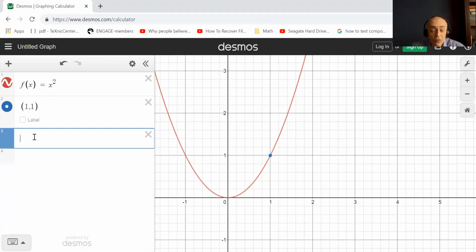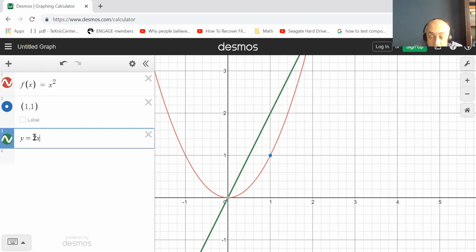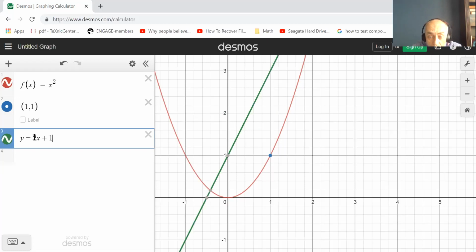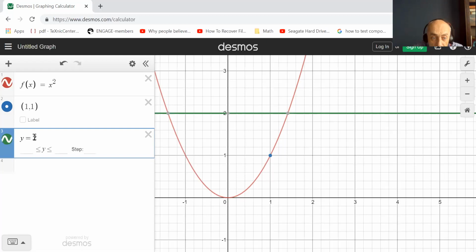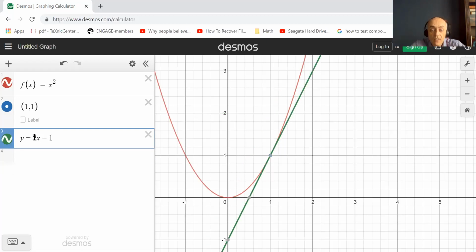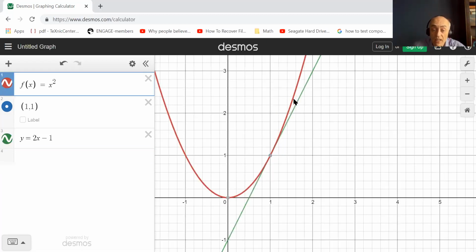We said that the line y equals 2x, was it plus 1 or minus 1? No, minus 1. All right, 2x minus 1, we found that line to be the tangent, and indeed, look at this, it's beautiful, it's indeed the perfect tangent to the graph. So this is correctly the intuition that we get from Newton.